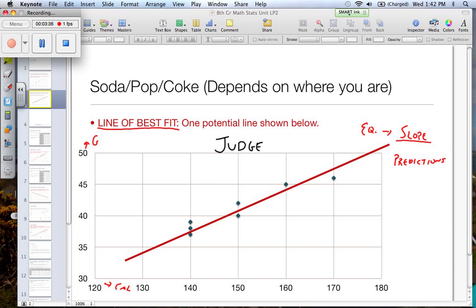What you want to look at is, is it a good line or is it a bad line? Does a good line mean that it's real straight and you drew it with a ruler? No. It means that it's closest, or as close, to your data as possible.